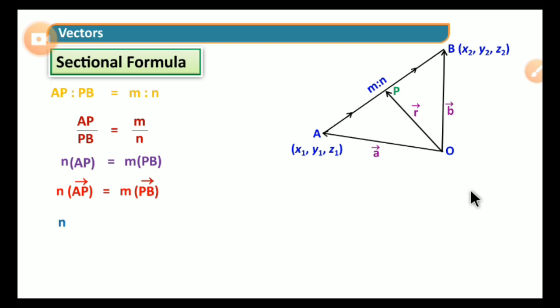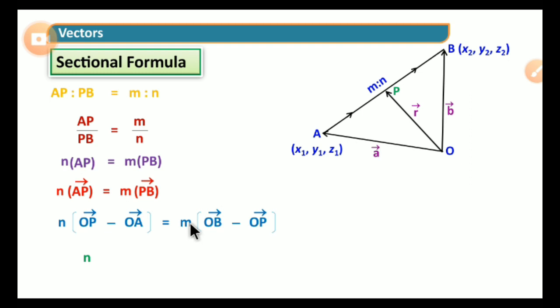In the next step, we are going to write the AP vector as OP minus OA, which is multiplied with n, and on the RHS side, m into the PB vector can be written as OB minus OP vector.